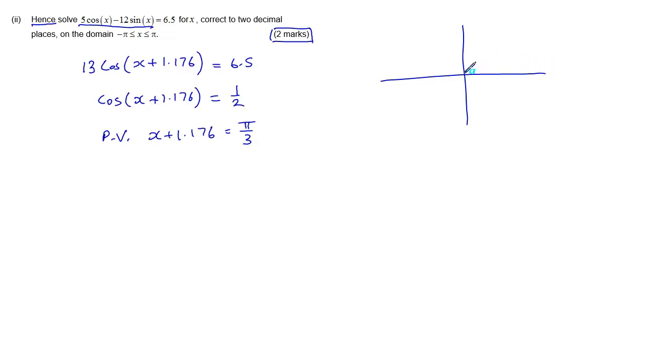So that one's here. And the secondary value for cos will be down here, negative pi by 3. So x plus 1.176 is equal to pi by 3 or negative pi by 3.